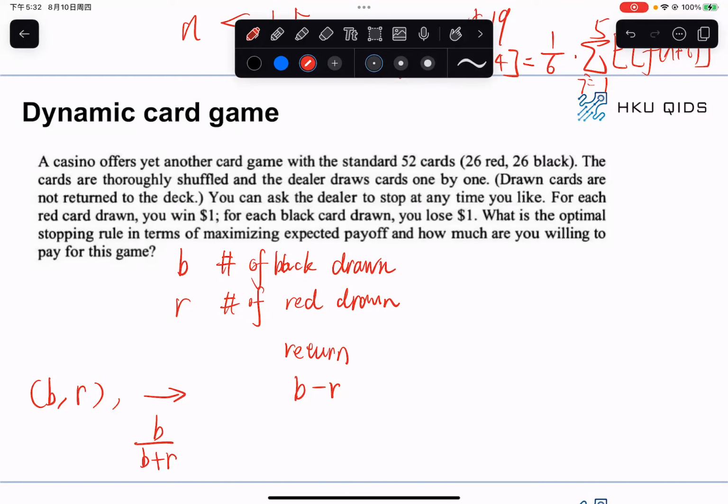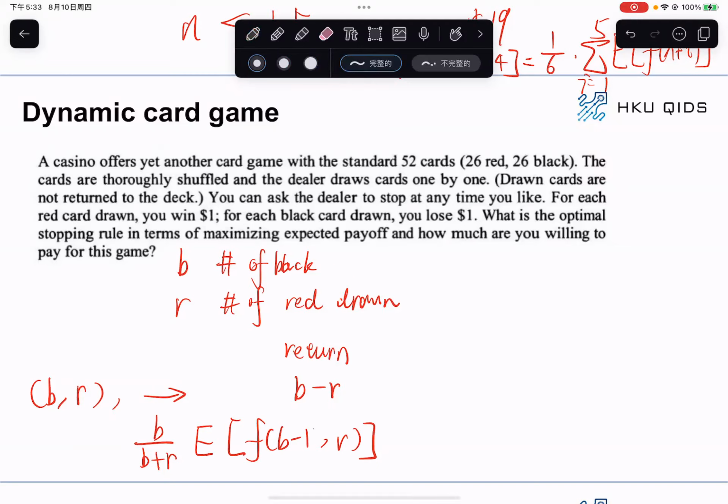So we are going to have B over B plus R probability to have F(B-1, R), right? Oh, sorry, this should be the black left. Okay, let's denote this with red left, and then it should be B minus R. Otherwise, it should be R minus B, right? Because we are going to get dollars only by red cards.